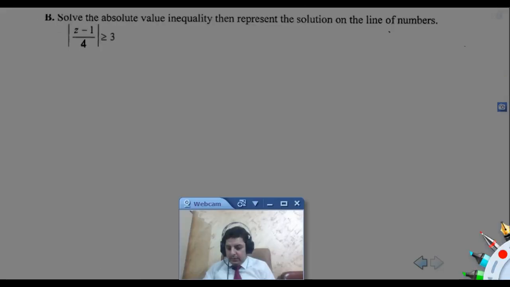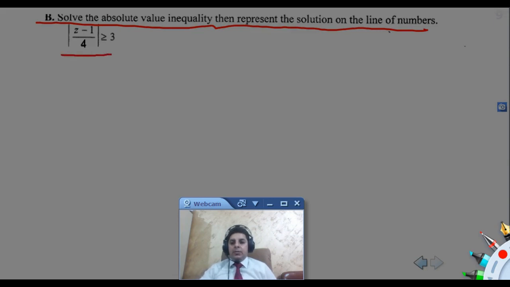That is a question about absolute value inequality, part B. Solve the absolute value inequality, then represent the solution on the number line: absolute value of (z minus 1) over 4 is greater than or equal to 3.